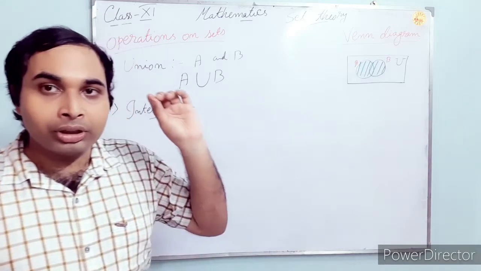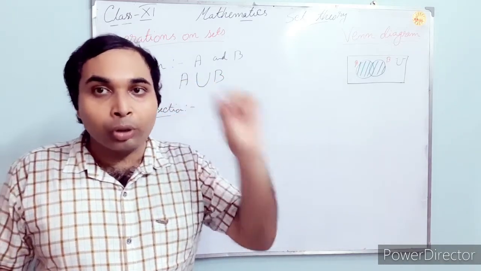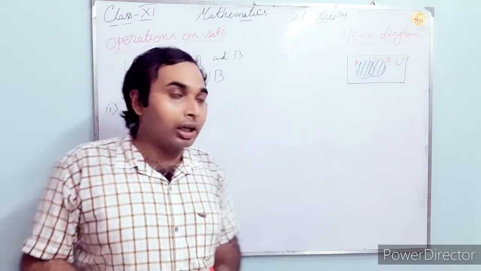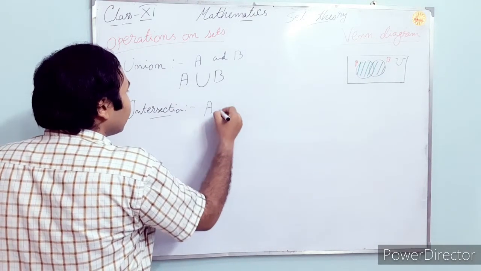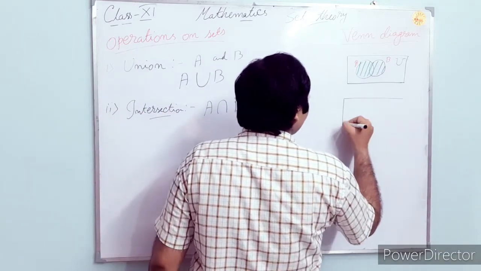But here we are being precise, that the elements will be both in A and B. The collection of those elements is called the intersection. It is written as this. The Venn diagram will be like this.